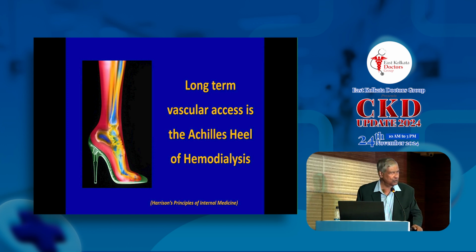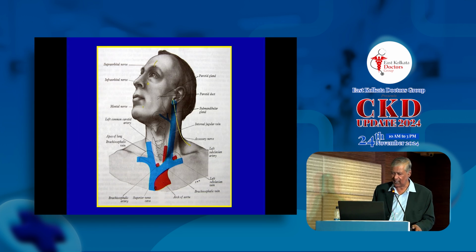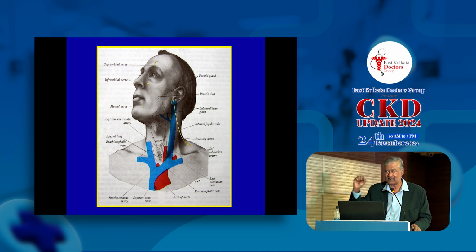It's very important to understand, as we see the next picture, the basic anatomy of the upper central veins, especially for the residents and the DM candidates. Dialysis catheters are not the same as the central venous lines we see or use in the ITU.